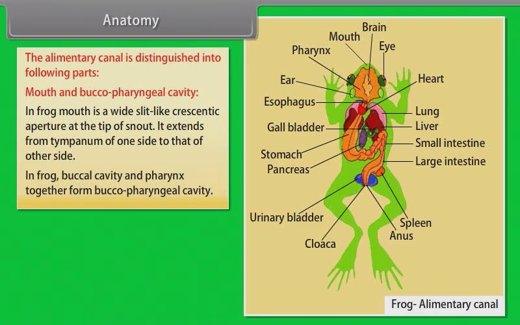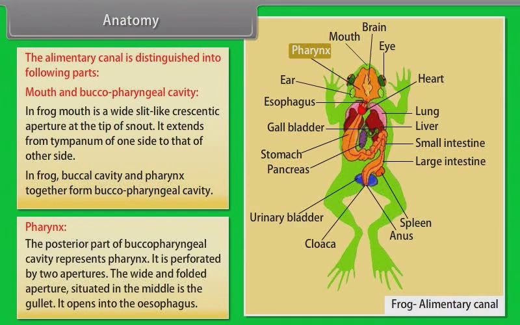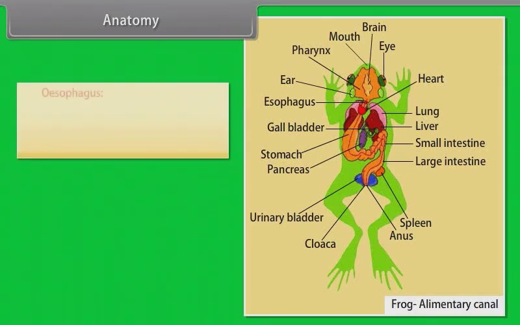In frog, buccal cavity and pharynx together form the buccopharyngeal cavity. Pharynx. The posterior part of the buccopharyngeal cavity represents the pharynx. It is perforated by 2 apertures. The wide and folded aperture situated in the middle is the gullet. It opens into the oesophagus.